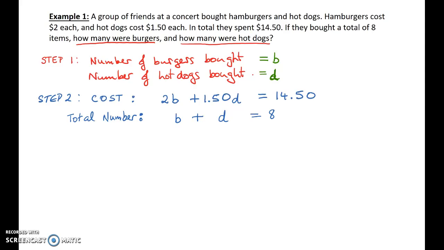The key is that we've got 2b, 1.50d, 1b, and 1d. If any of those variables have a 1 in front of them, then substitution is an excellent method. So because both the b and the d in the second equation have a 1 in front of them, we're going to use substitution.